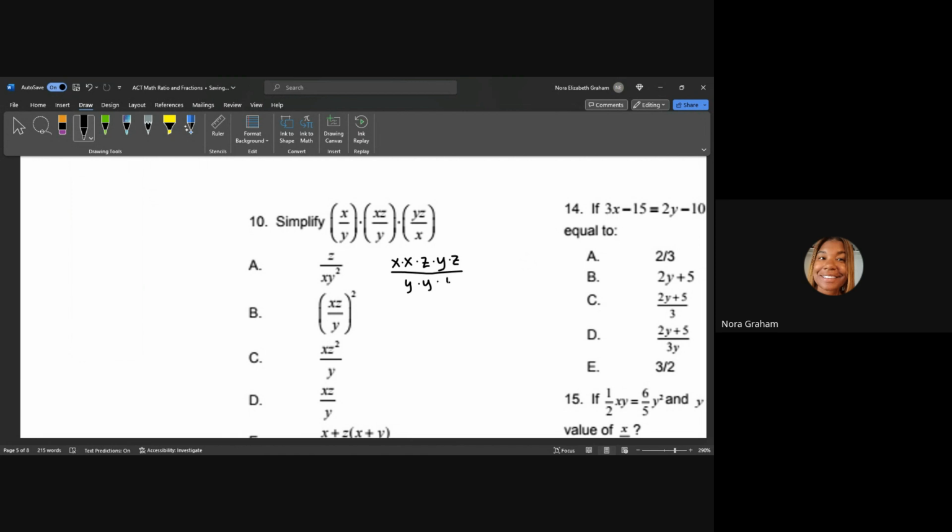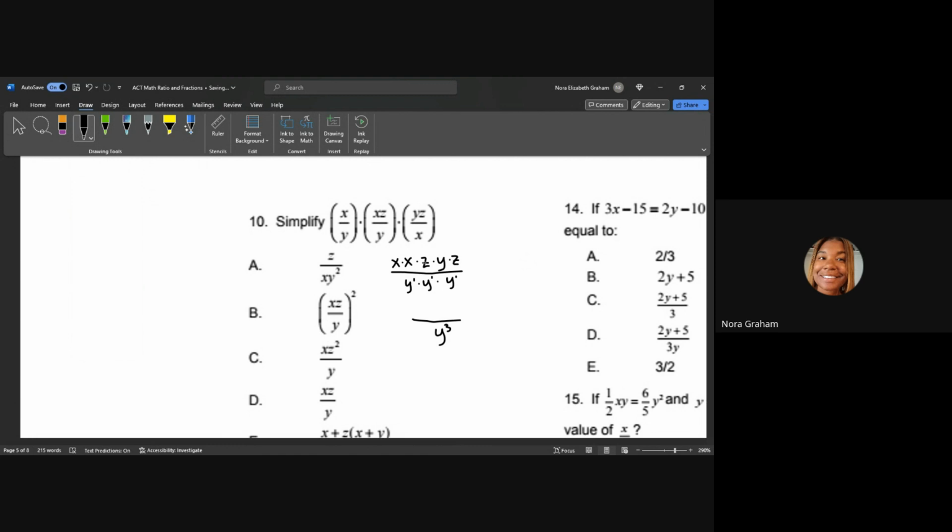Now I can combine these. Remember, when we're multiplying like bases, we add their exponents. There's always an imaginary one here. So on the bottom for my denominator, I get y to the third power, because 1 plus 1 plus 1.